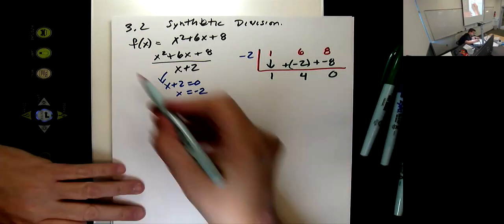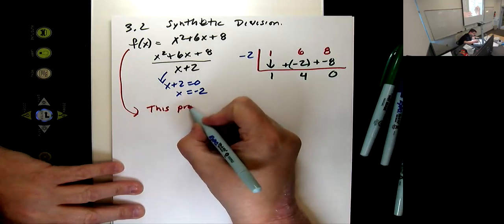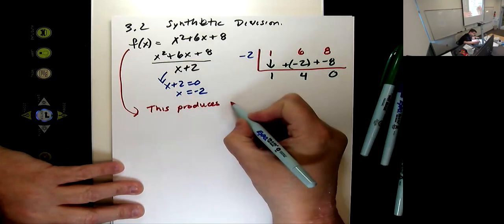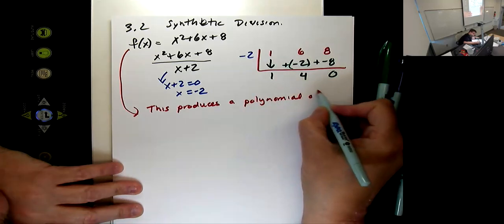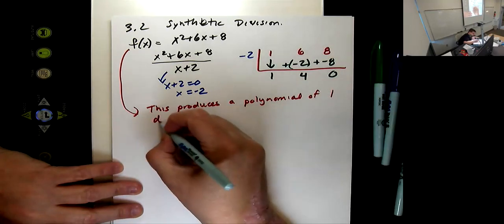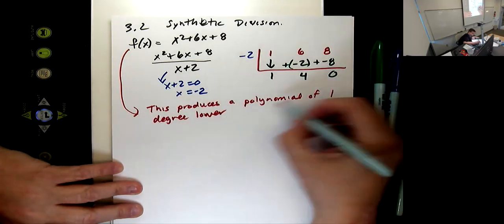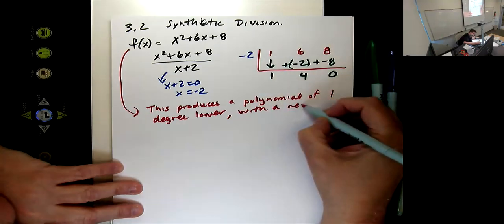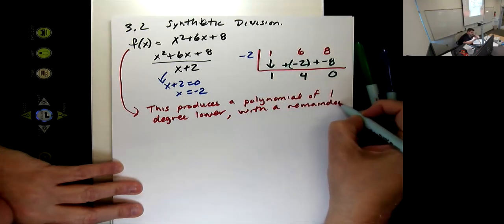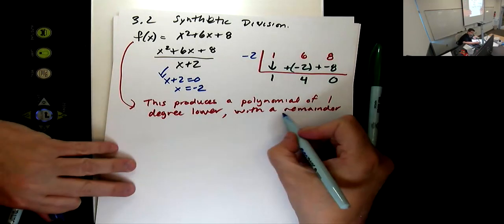And with synthetic division, we showed this produces a polynomial of 1 degree lower, and maybe with a remainder. The remainder is this portion right here.